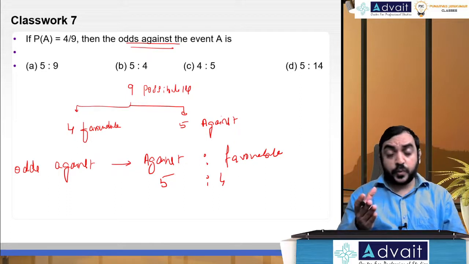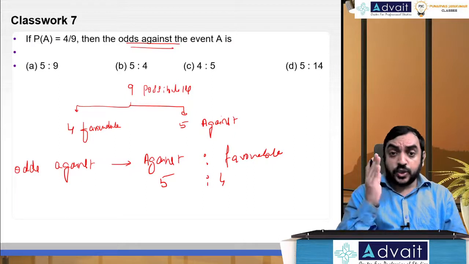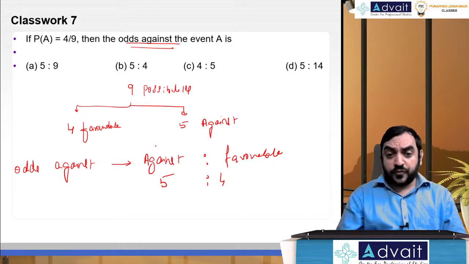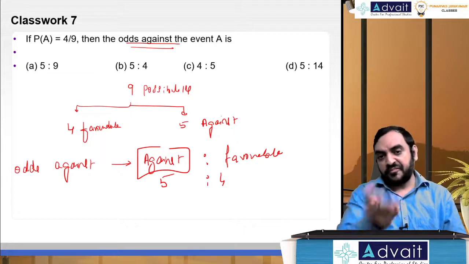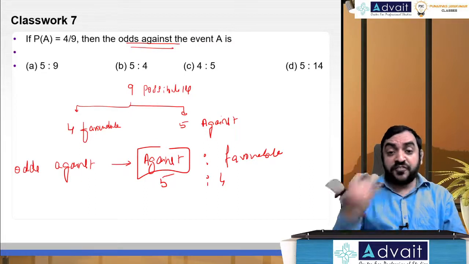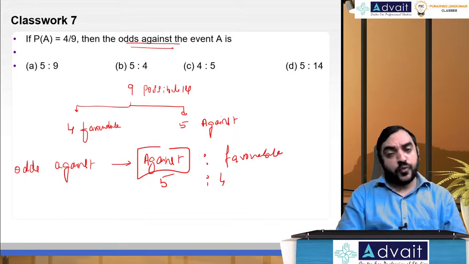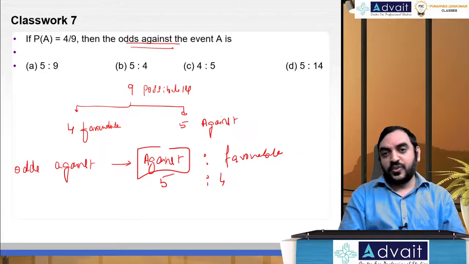Ideally, you should not write so much. In your mind only, you should think all these things. They asked odds against, so our first number was against, which is the event not likely to happen, 5. Other number 4. If they asked odds in favor, then your answer would have been 4:5. And all the options look very, very close to confuse you. If you're thorough with the concept, then you can select correctly.